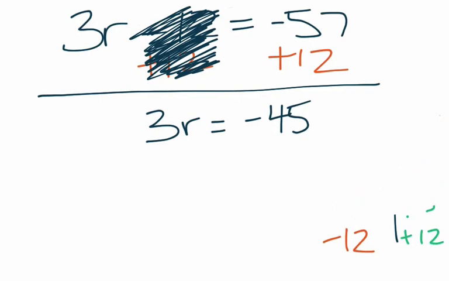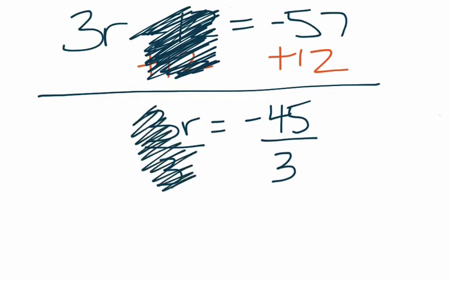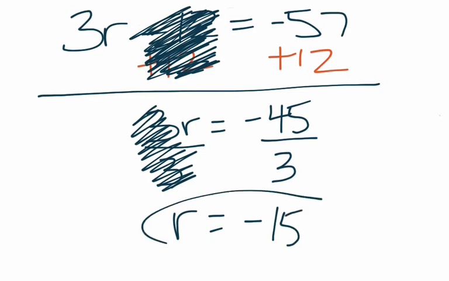So divide by 3, divide by 3. These 3s go away, and then we're left with r equals negative 45 divided by 3. In your calculator, if you take negative 45 and divide it by 3, you're going to get negative 15. So r equals negative 15.